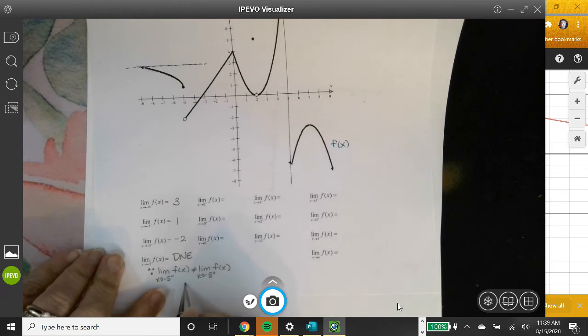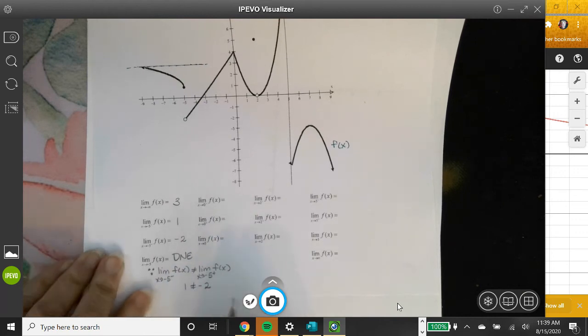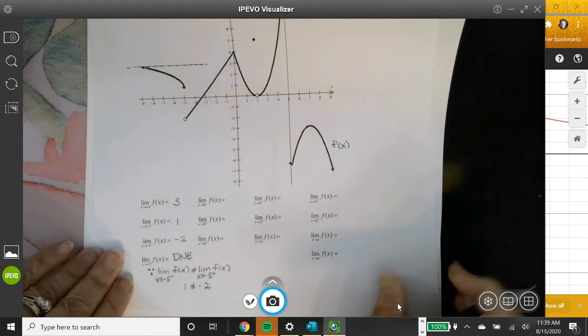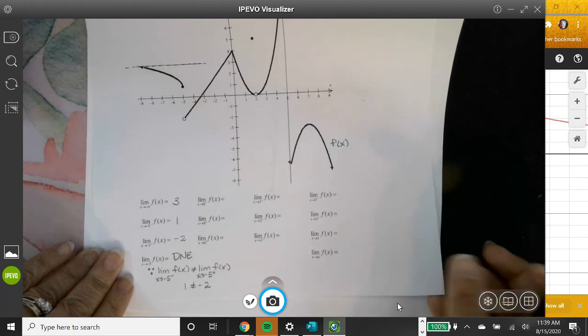We can say that 1 is not equal to negative 2. So that's why that limit doesn't exist.